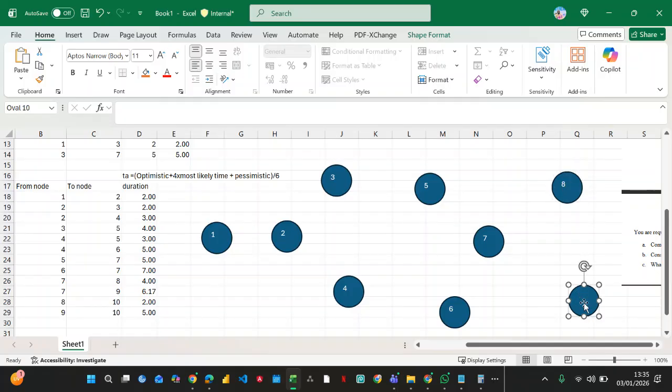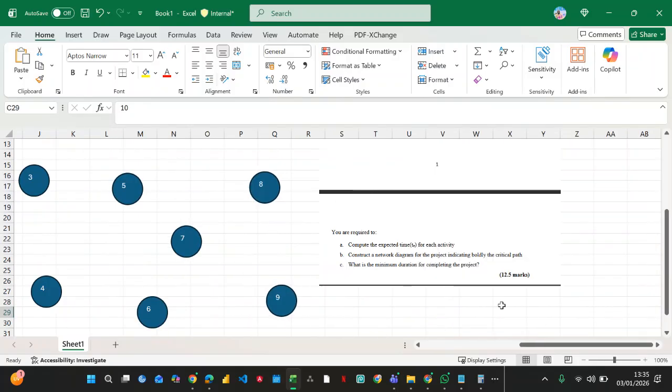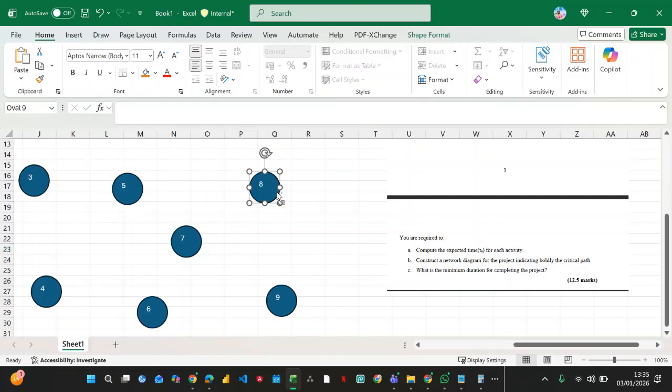So this should be 9. This should be 8. Then this one should be what? 9. Right? Then you can see that 8 is going to 10, 9 is going to what? To 10. So I'll just have a 10 here.